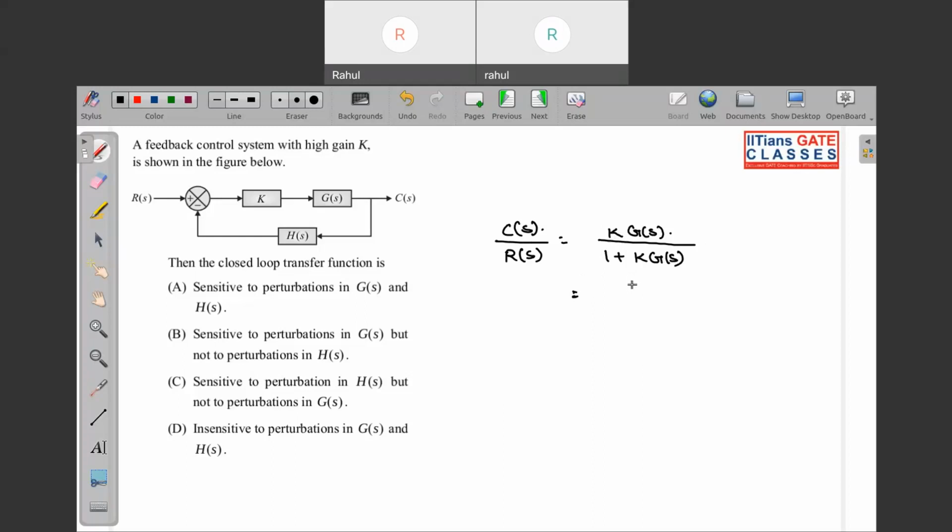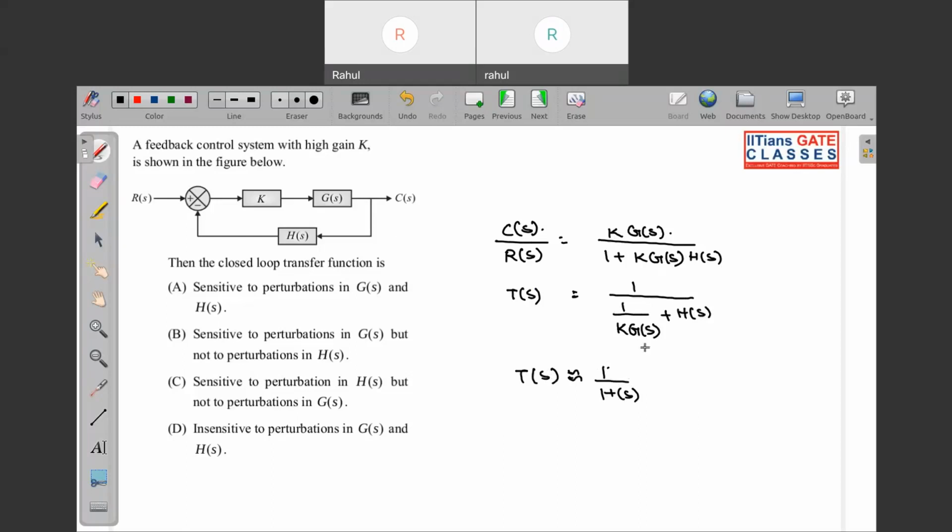So this will be equal to 1 divided by 1 over KG(s) plus H(s). As it is given high gain K, this term will be approximately equal to 0. So T(s) is approximately equal to 1 by H(s).